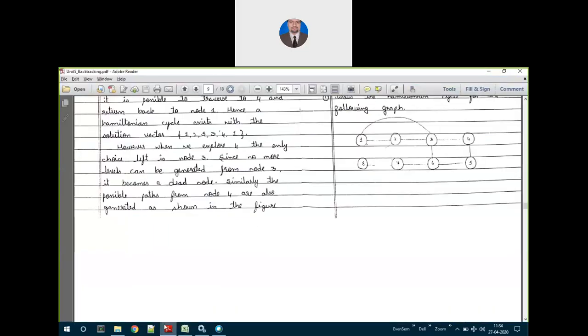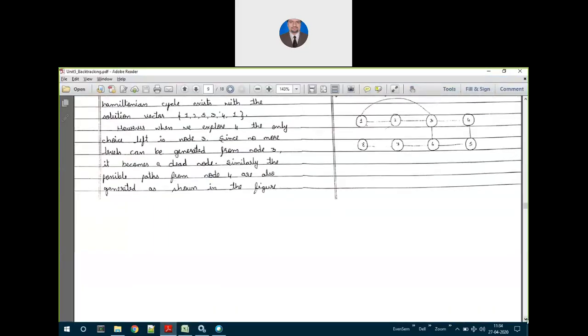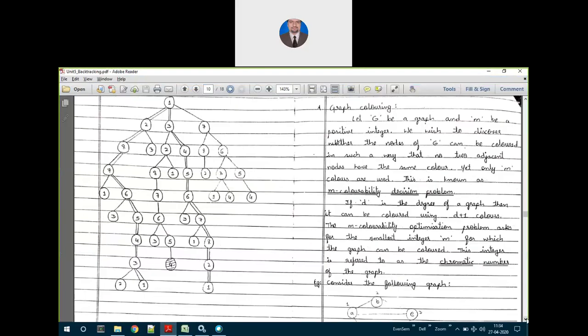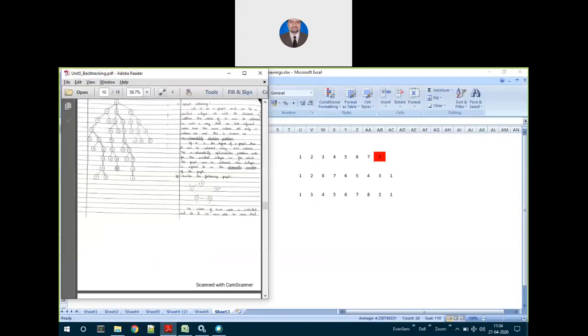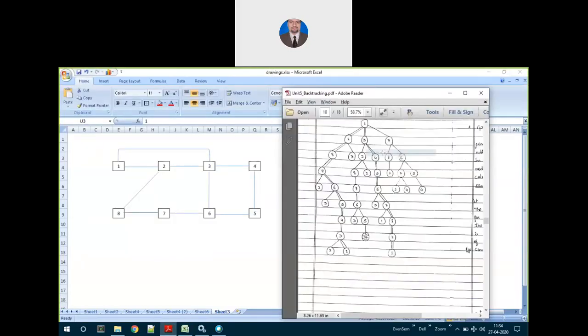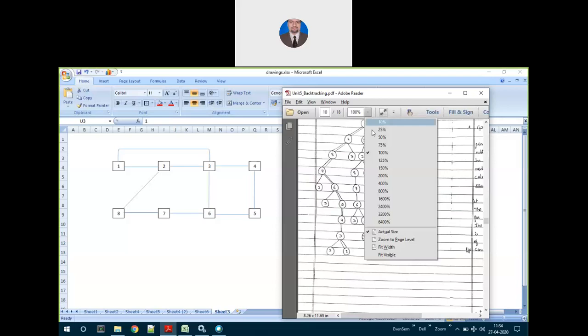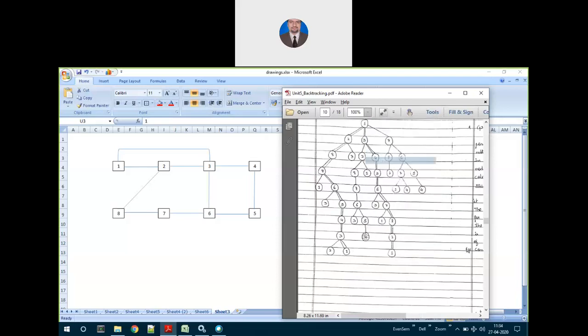Okay, in the example over here we may see that. Let us see how this particular diagram is drawn. Say we have started from 1, from 1 to 2 we could draw. One second, let me put it in a better angle so that the problem as well as the solution are seen. Okay, fine.